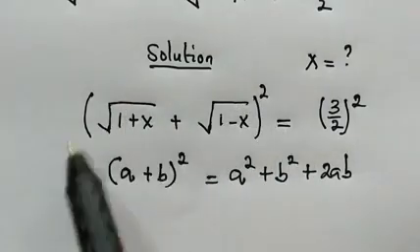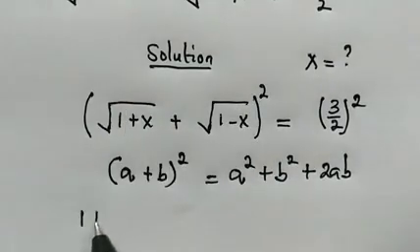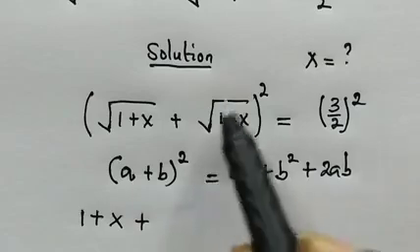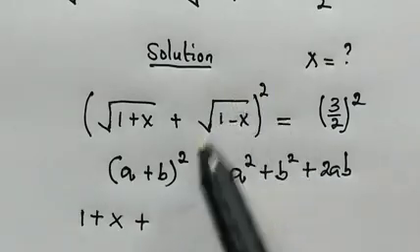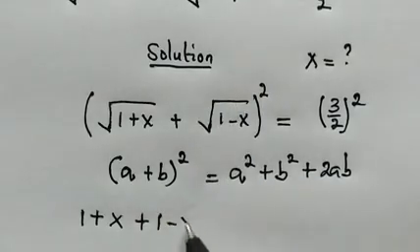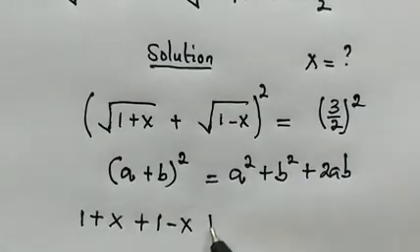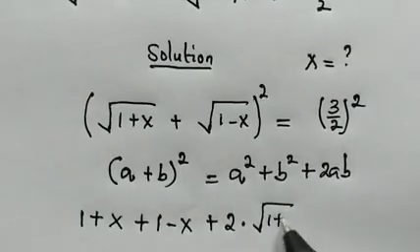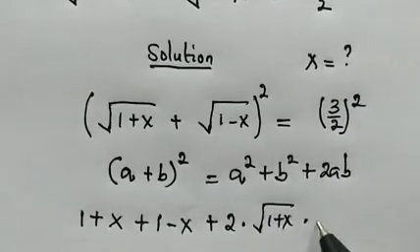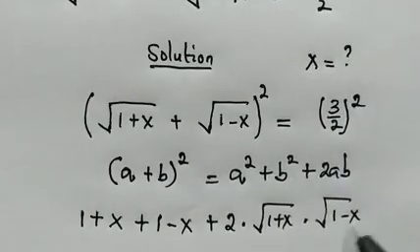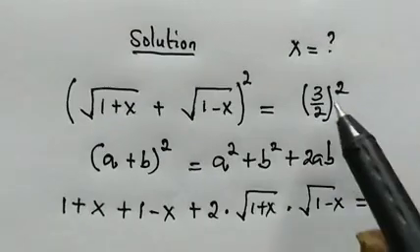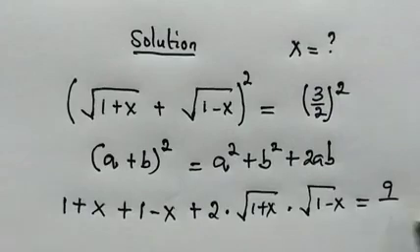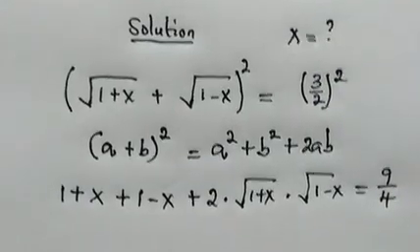We cancel the square and square root, we have 1 plus x, plus the second one here squared, we cancel the square and square root, we have 1 minus x. Then we have plus 2 multiplied by the first one, square root of 1 plus x, multiplied by the second one, square root of 1 minus x. Then this is equal to 3 squared will give us 9, divided by 2 squared will give us 4.